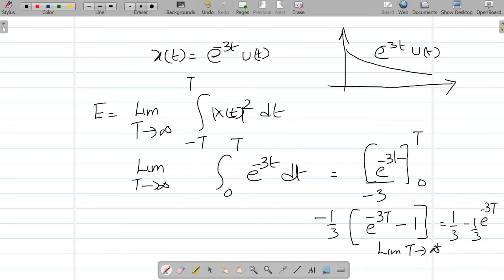If I substitute for infinity here, this one will become 0, so finally it will become that. So it's a finite quantity, so energy is a finite quantity, so it is an energy signal. If it is an energy signal, then the power will be equal to 0 in this case. So we can conclude that this one is an energy signal.